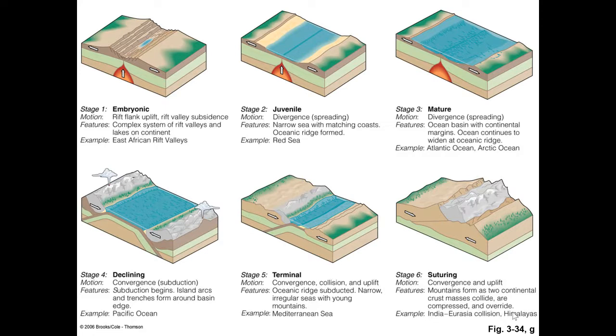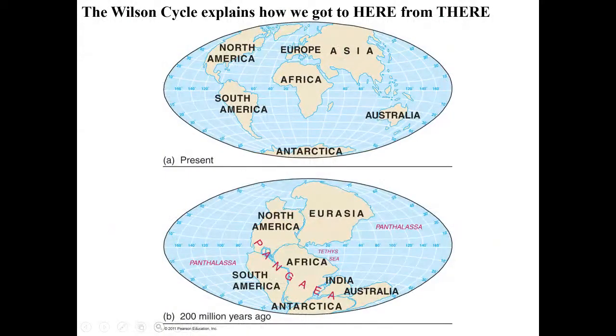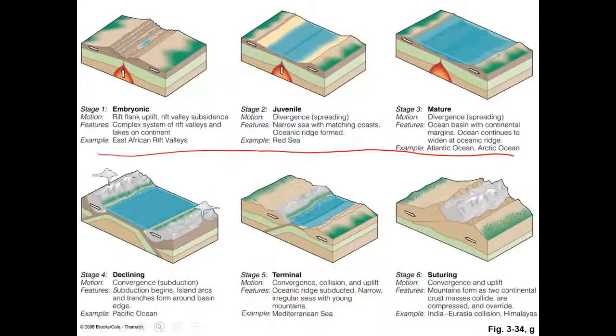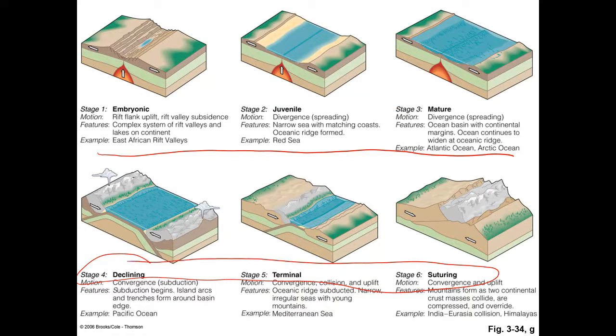In other words, 1 through 3 of the Wilson cycle are showing us divergence, to come apart. Things are growing. In other words, the sea floor is actually growing. And in 4 through 6, these are very, very specific, we're using convergence.